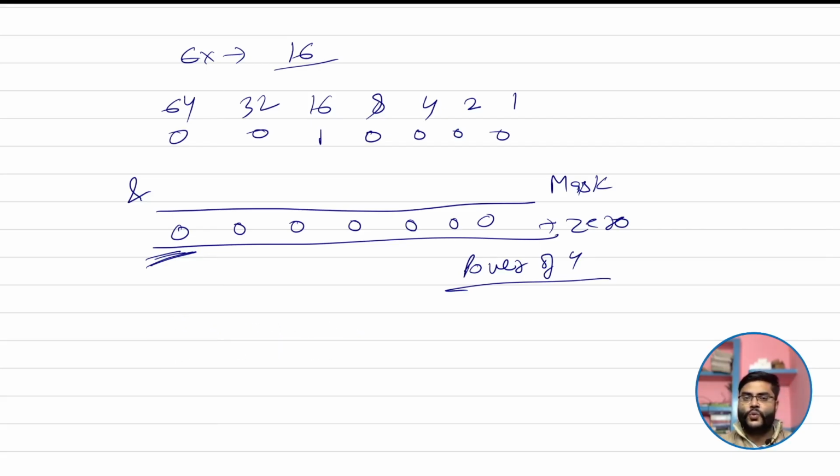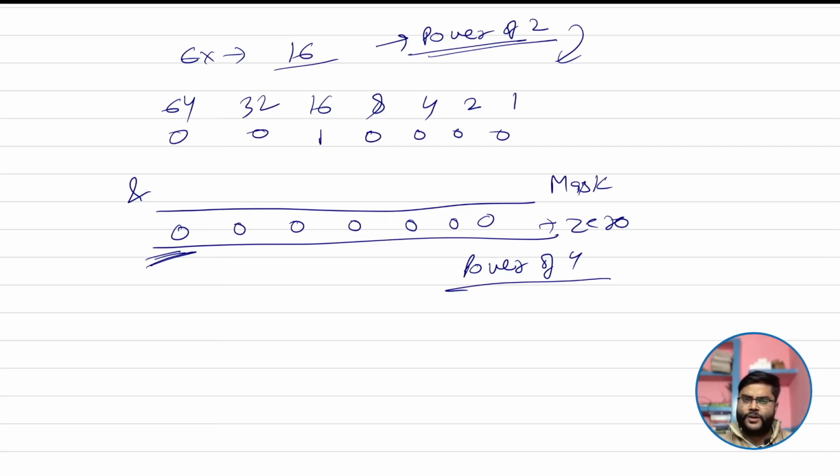If it is a power of 2, then I will check this. Otherwise, if it is not a power of 2, then it cannot be a power of 4, power of 8, power of 16 and so on. So the first condition is to check if it is a power of 2. After this we are checking for this. Now just see this carefully. Observe carefully.